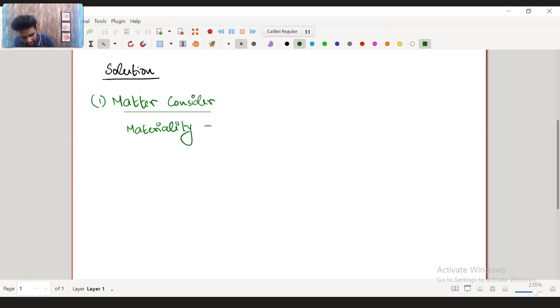But if not, then you need to calculate it specifically. Because they have not given anything specific to the materiality, we can ignore that fact. But during the exam, always write materiality first, calculate the materiality and keep it.